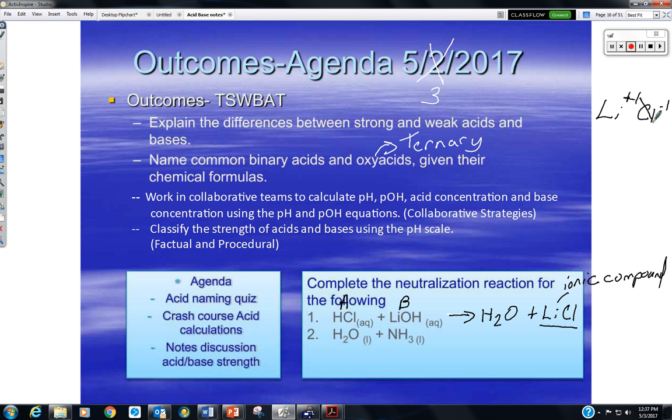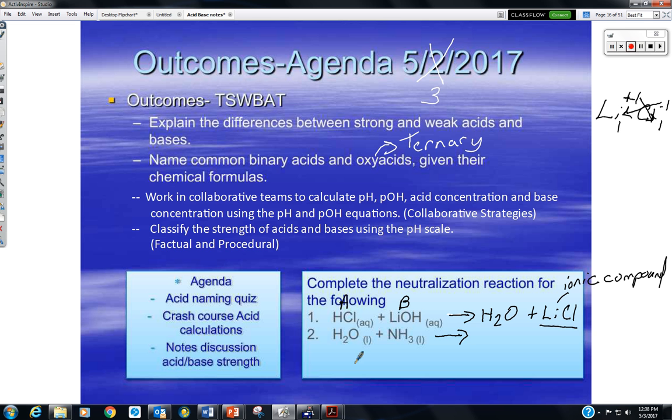In this particular one, we'll crisscross the charges, bringing the one down here and the one down here, and know that those will react together 1 to 1. So we end up with lithium chloride, no subscripts needed. Sometimes you will have to have some subscripts, so just pay attention there.